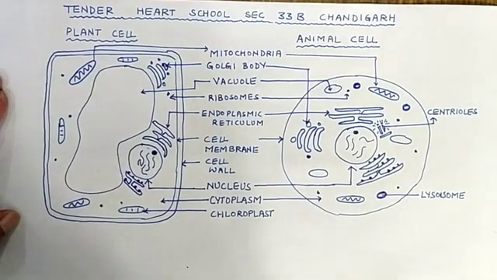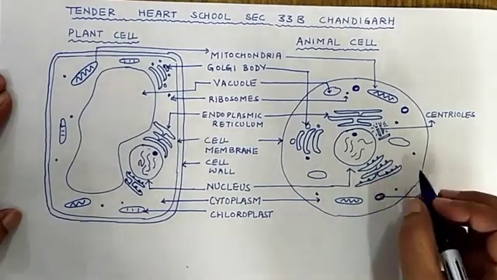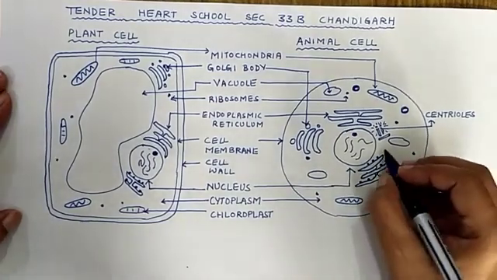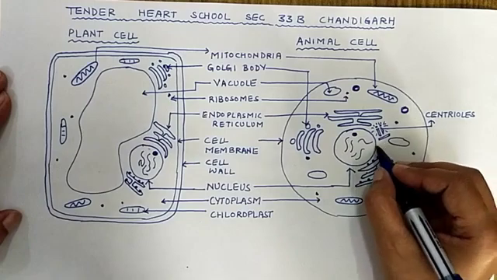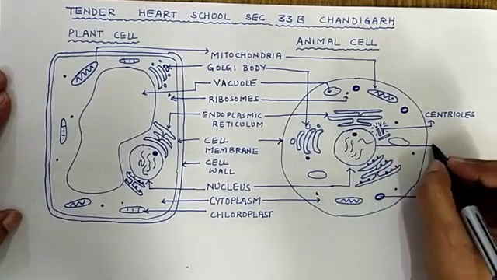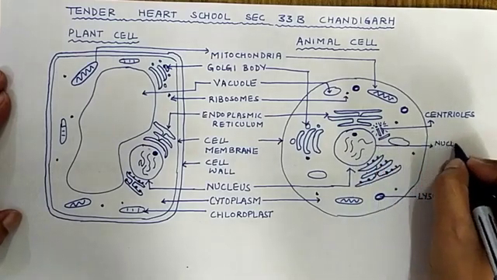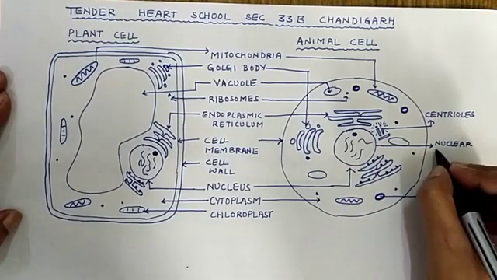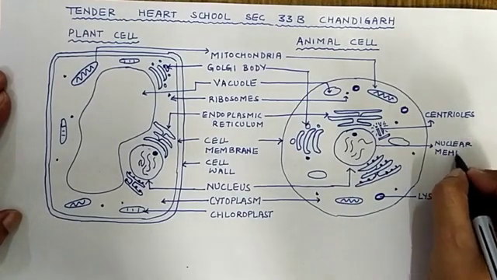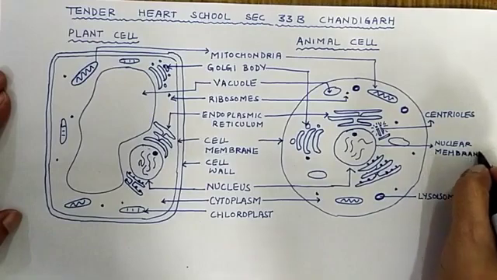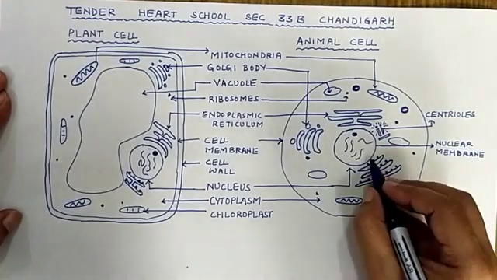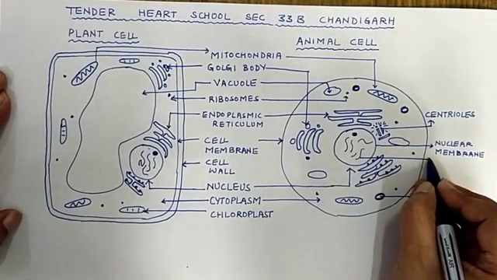So if you want to label the nucleus as well, you can just write the parts of the nucleus. So this is the nuclear membrane. Right, nuclear membrane. Then these are the chromosomes.